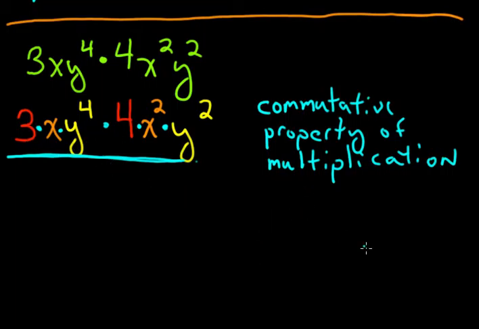If the order doesn't matter, A times B equals B times A. We can write these in any order. So what I'm going to do here is take the same colored things and write their multiplications next to each other.